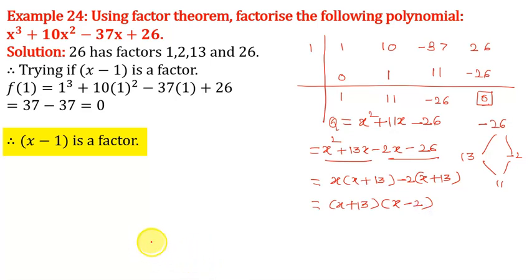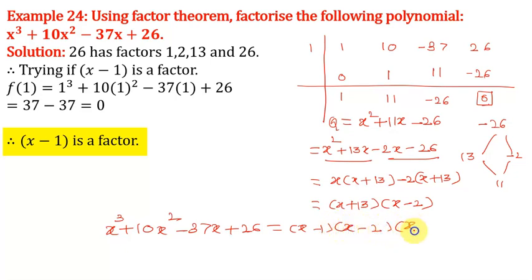And hence the factors of the given polynomial, x cube plus 10x square minus 37x plus 26: the first factor was x minus 1, second is x minus 2, and last is x plus 13.